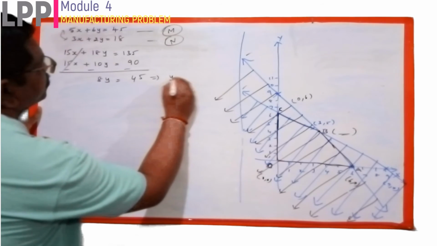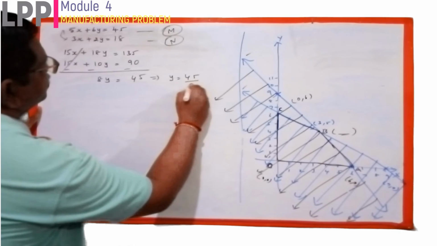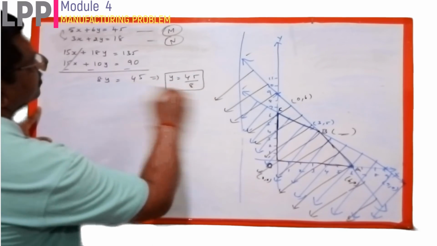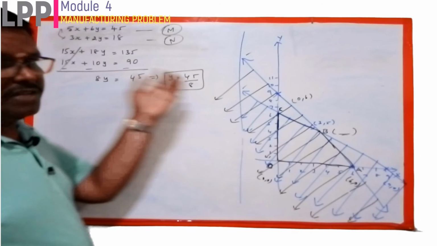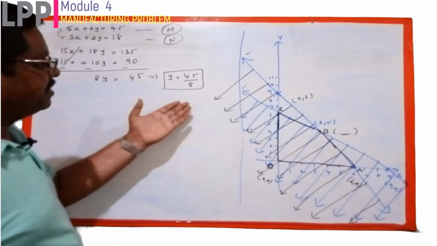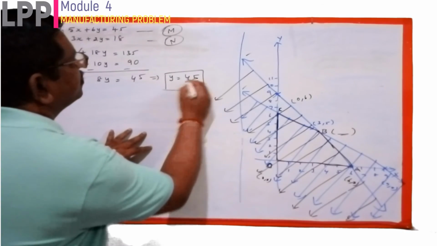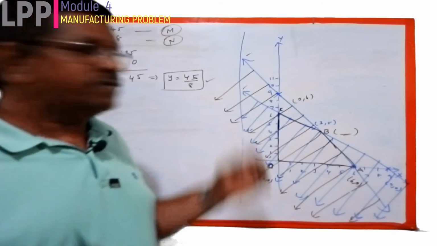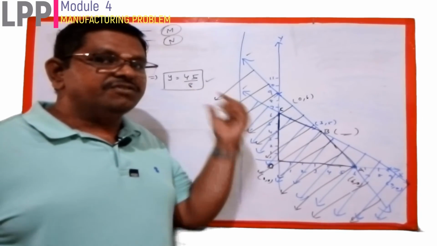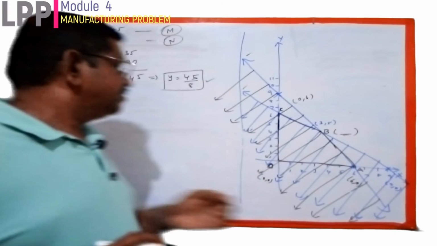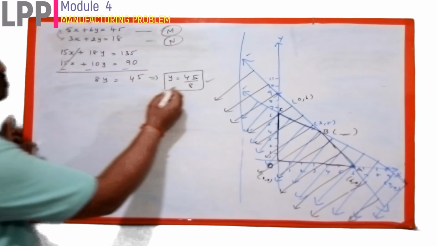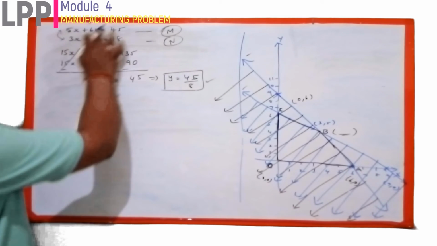Here y is equal to 45 by 8. We cannot simplify anything. So we have found the value of y here. We should find the value of x also. Now I substitute this y is equal to 45 by 8 in one of these equations.